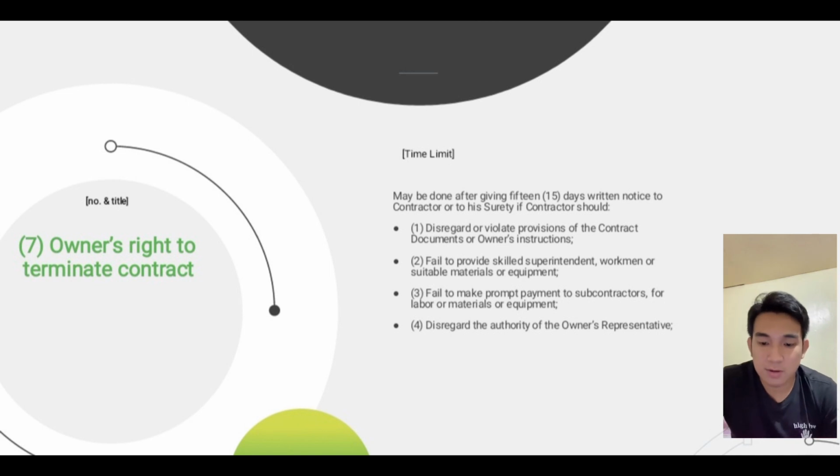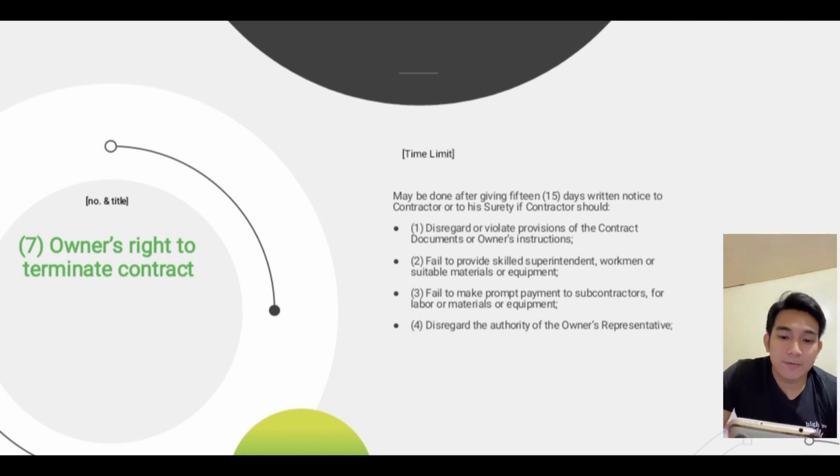Number 2, fail to provide skilled workmen or suitable materials or equipment. Number 3, fail to make prompt payments to subcontractors for labor or materials or equipment. Number 4, disregard the authority of the owner's representative.